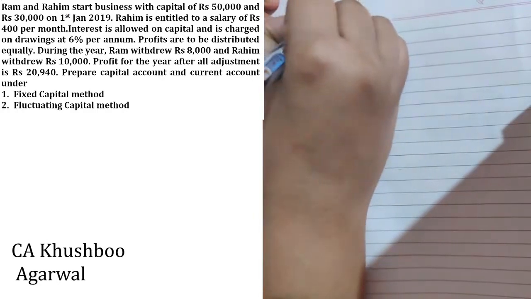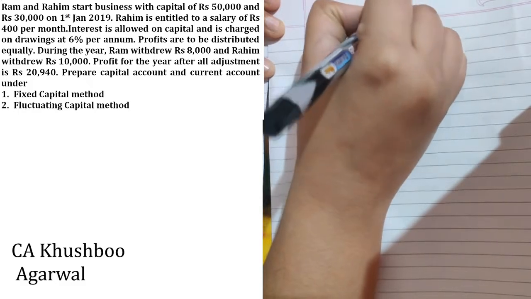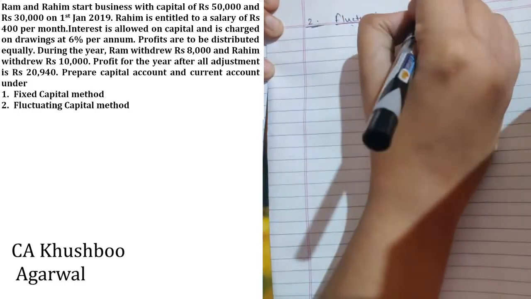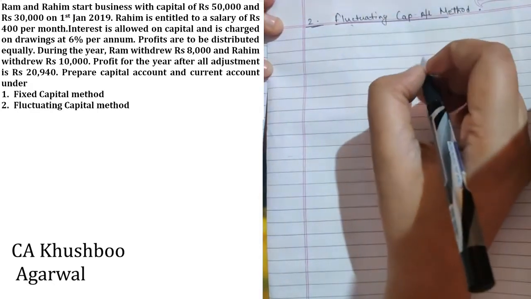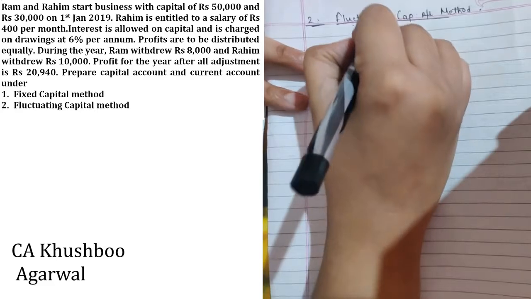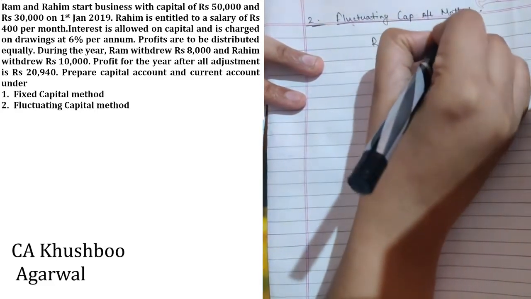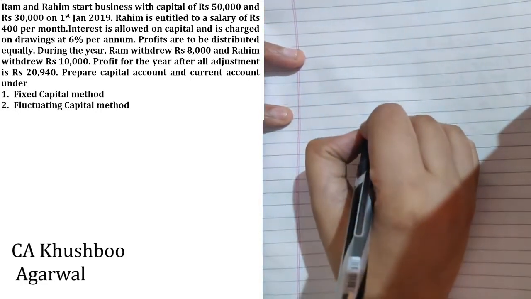Now let us look at the fluctuating capital method. In fluctuating capital method, only one account will be prepared, that is Ram's capital account and Rahim's capital account.